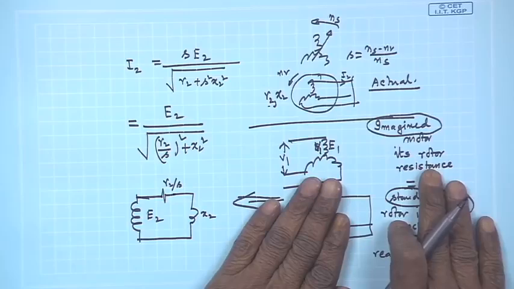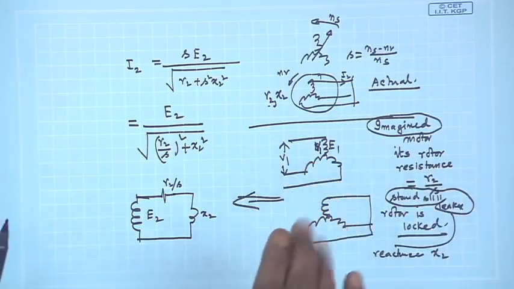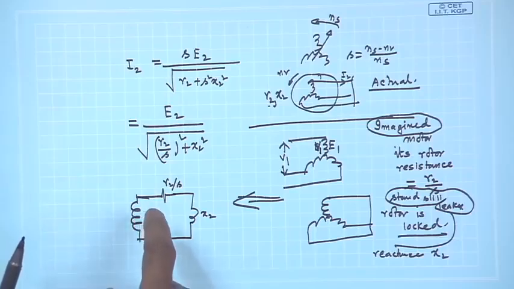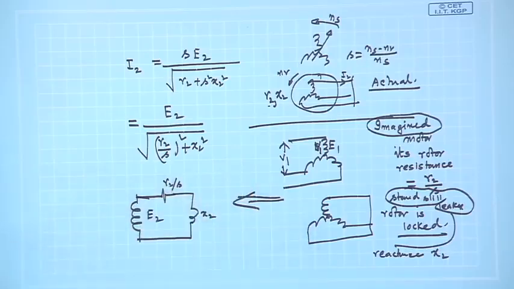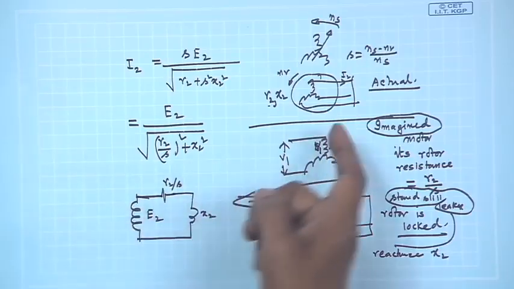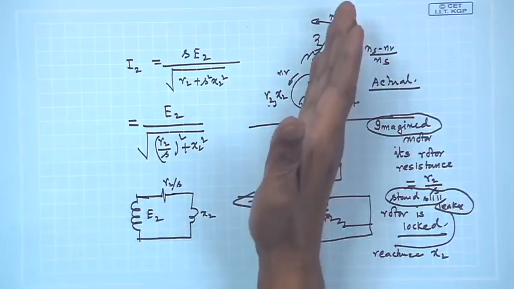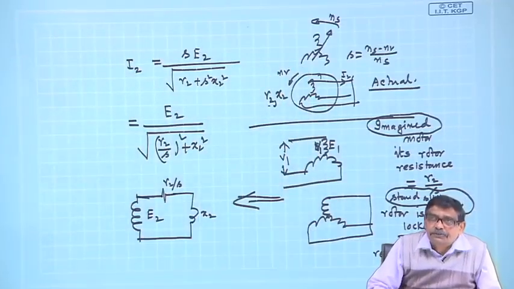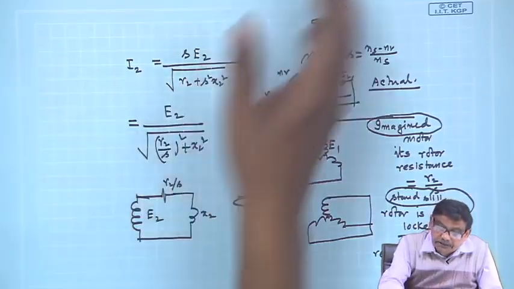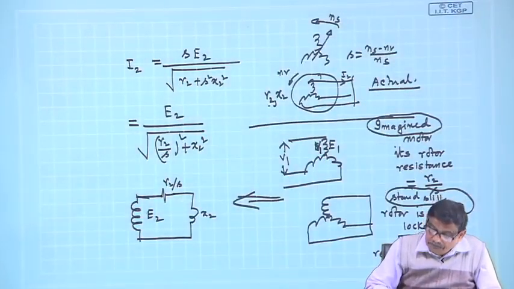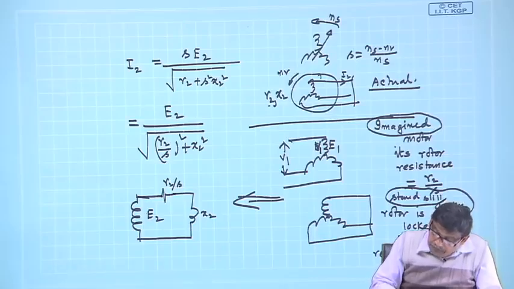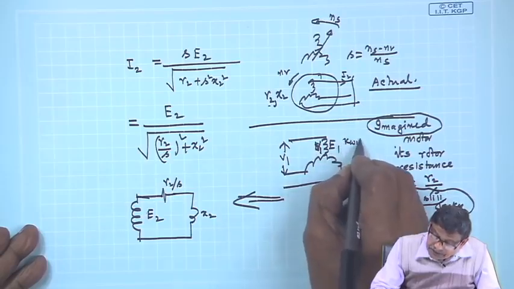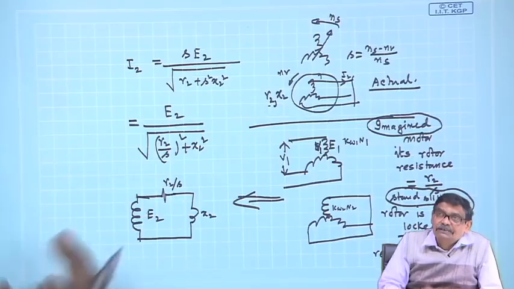For this imagined motor at standstill, its rotor resistance per phase is R2 by S. The number of turns etc. are the same, and the flux per pole is decided solely by the primary winding, supply voltage and supply frequency; the rotor has no say in that. Therefore the same number of turns, Kw2 N2, I will maintain, as with Kw1 N1.